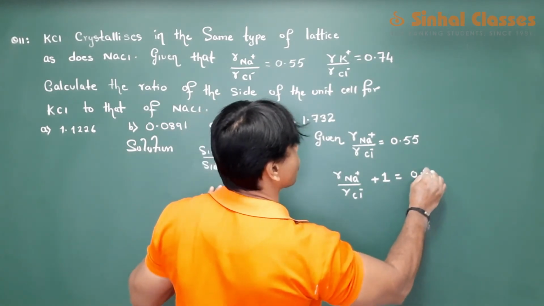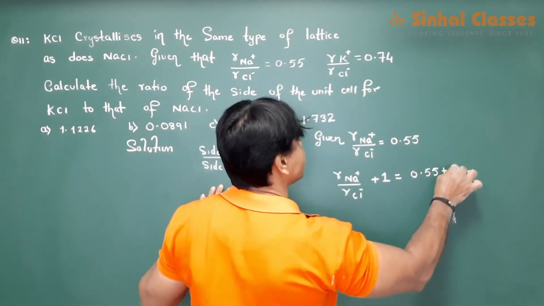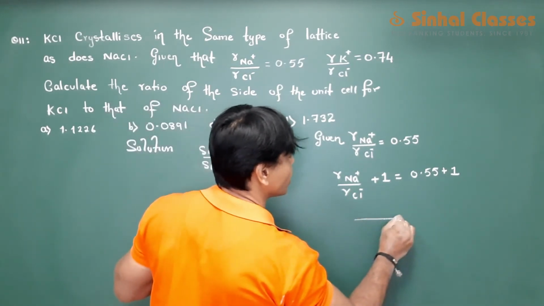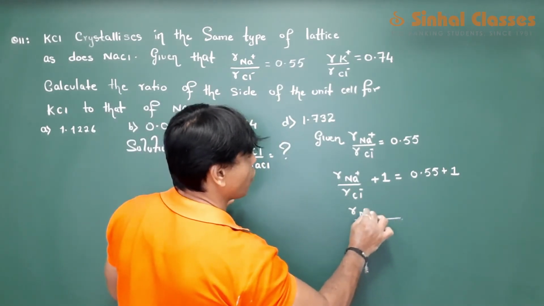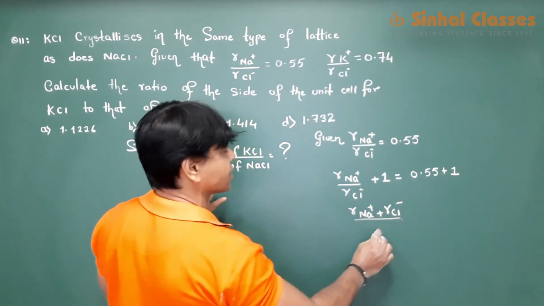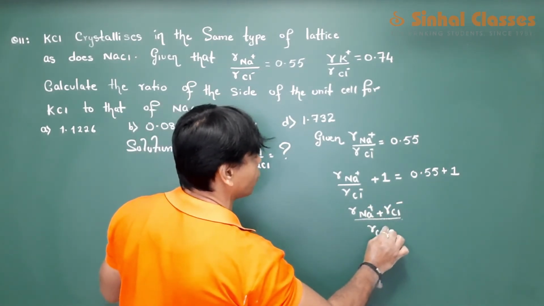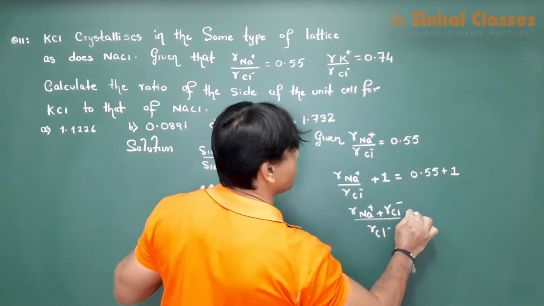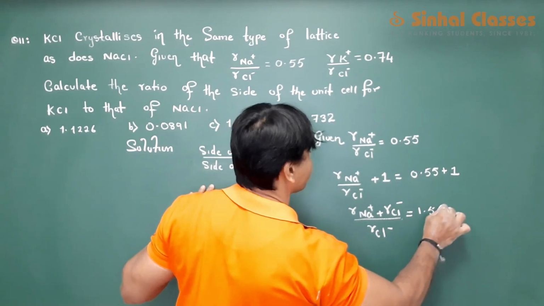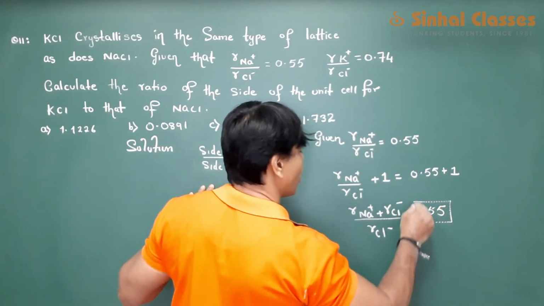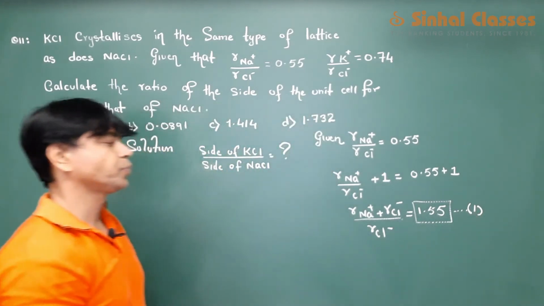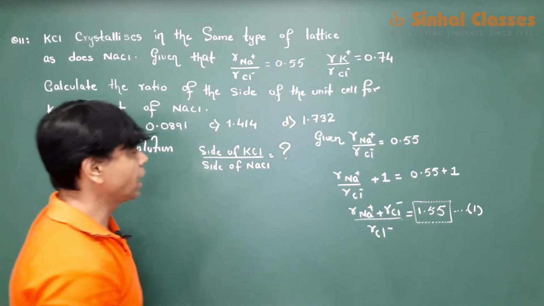So here we get radius of Na plus plus radius of Cl minus upon radius of Cl minus, which will be equal to 1.55. This you take as equation 1.